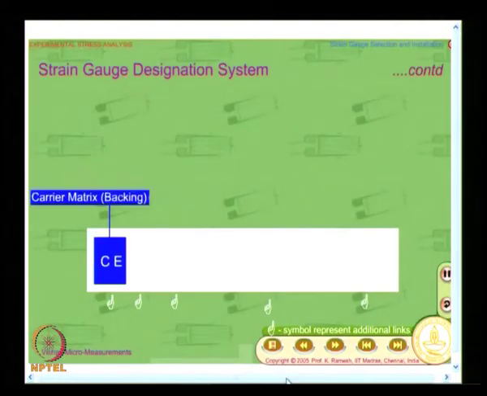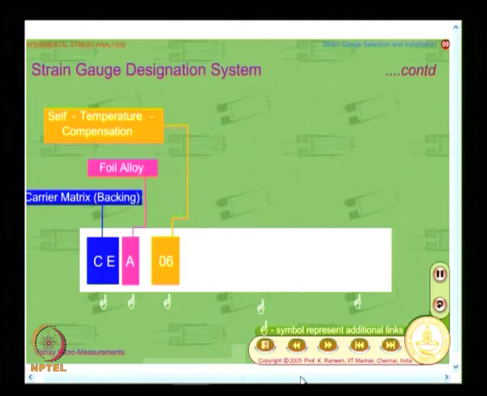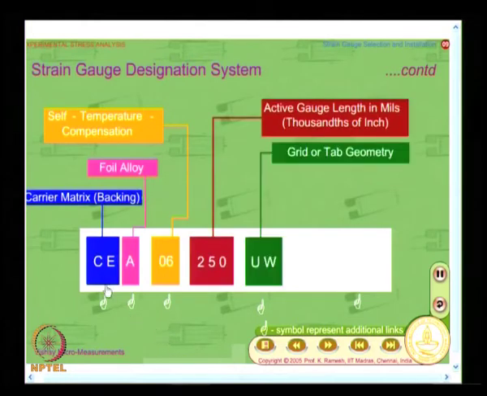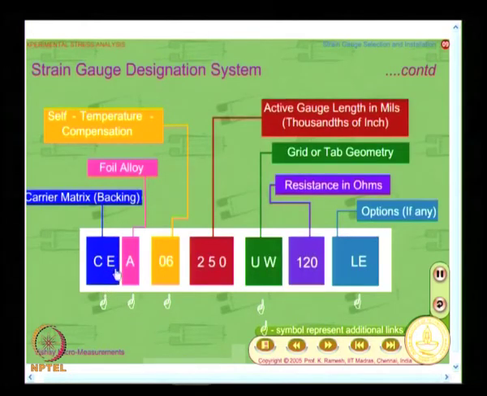And you have a very elaborate strain gauge designation system. So, I have 1, 2, 3, 4, 5, 6, 7 items mentioned in the designation system used by Vishay Micro Measurements. The first symbol or set of symbols tells you what is the carrier matrix.